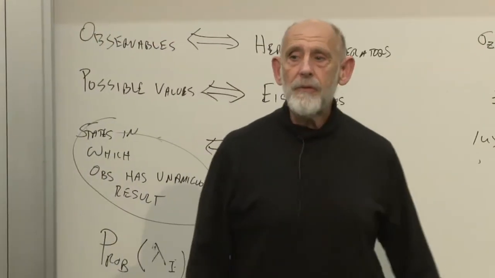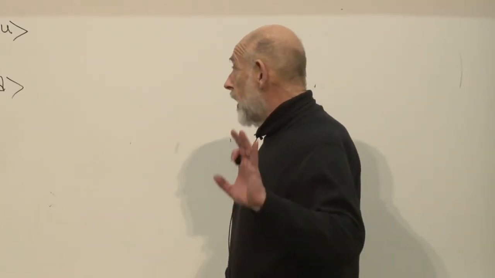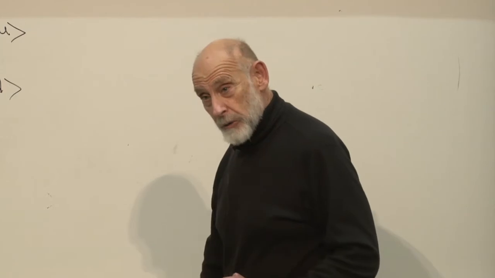Okay. Let's see if we can compute its matrix elements and exhibit it as a matrix. But when I say exhibit it as a matrix, I must pick a basis. I'm going to pick the basis up and down. First of all, up and down are orthogonal to each other.